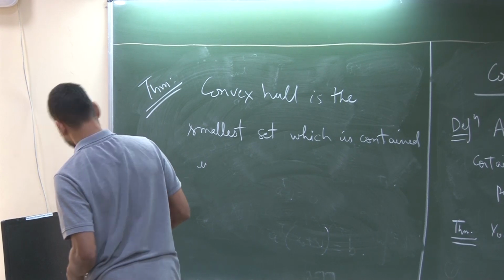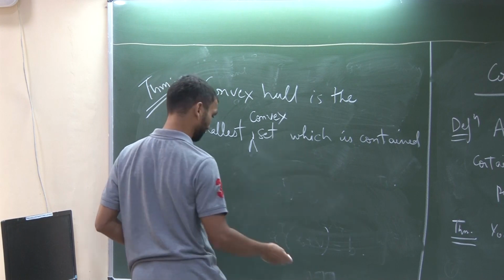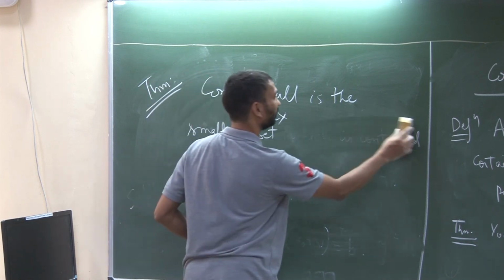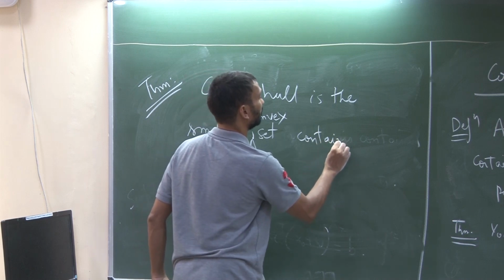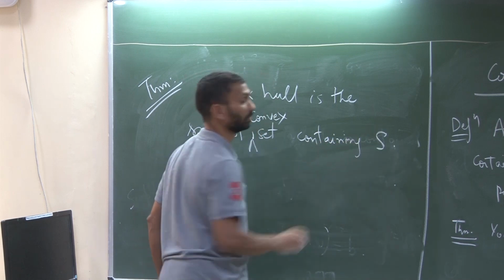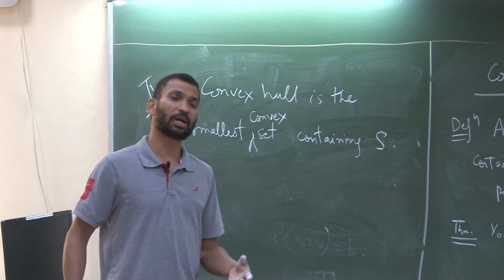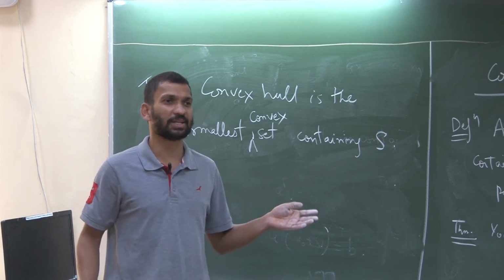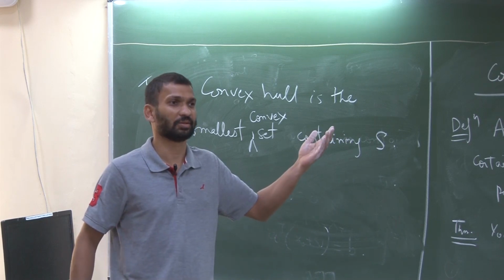It's the smallest, or if you want to think about it, take all possible sets which are convex and contain S, take their intersection.